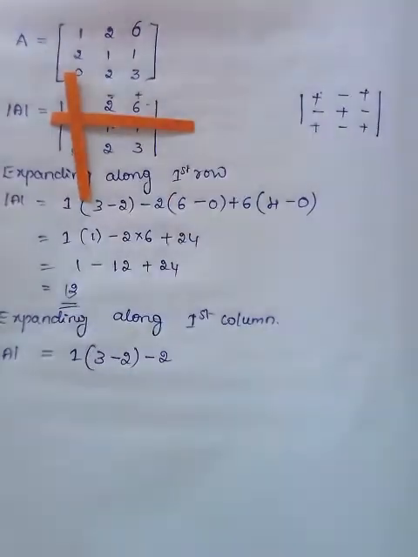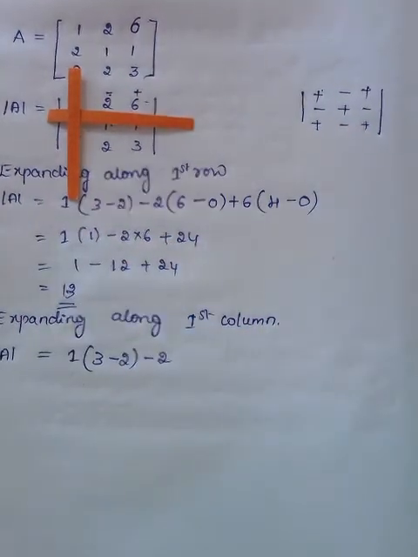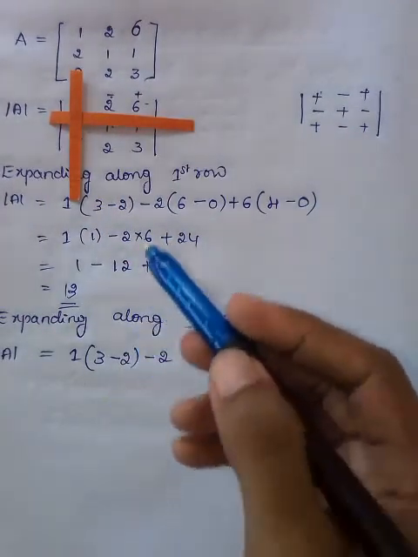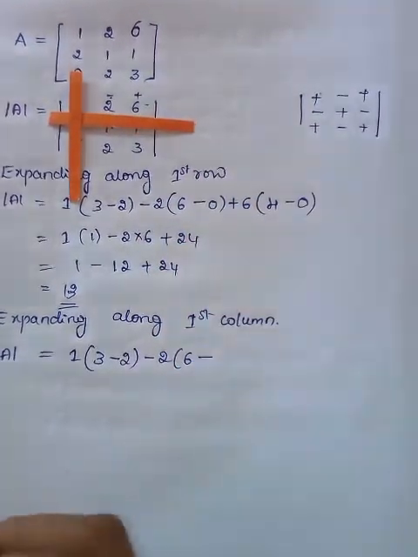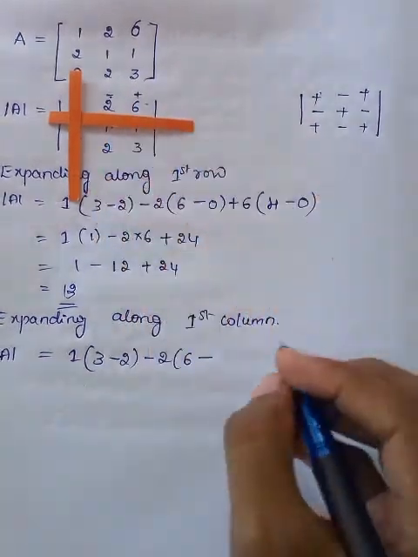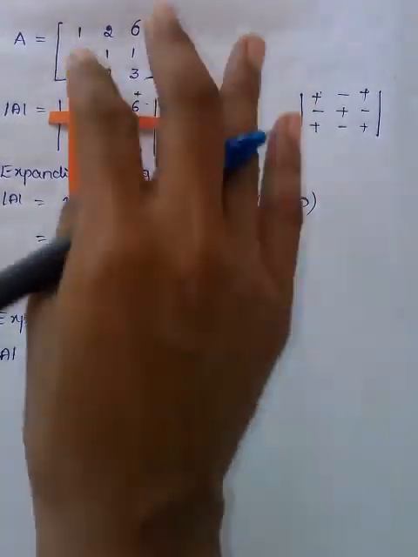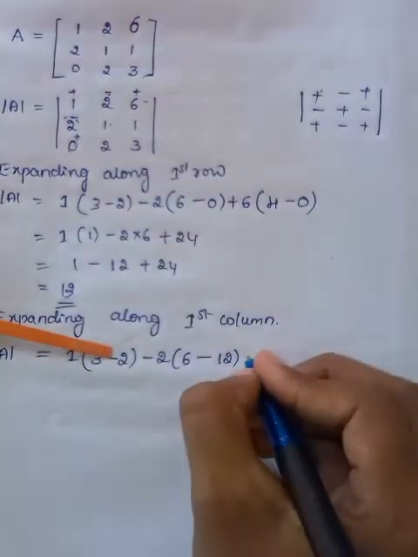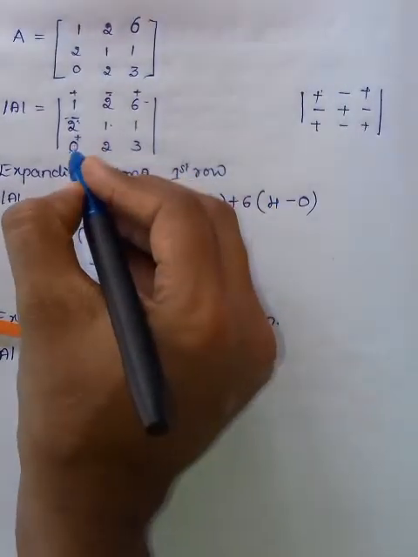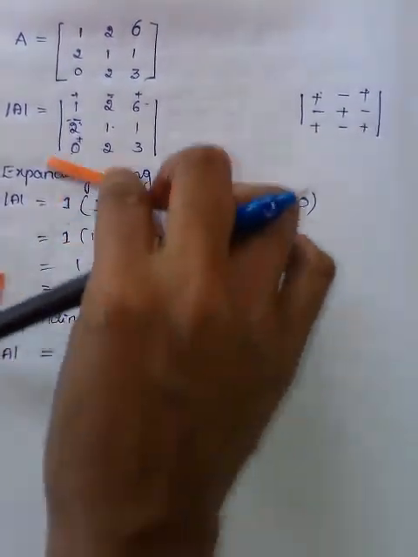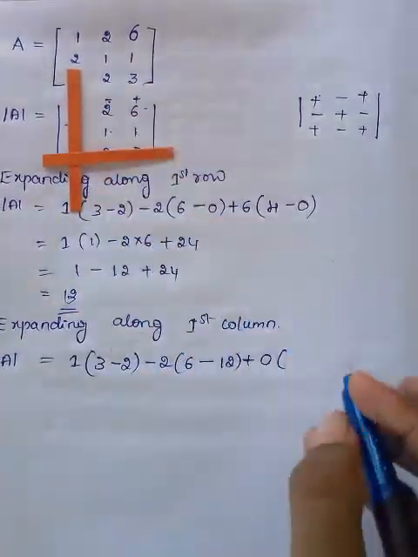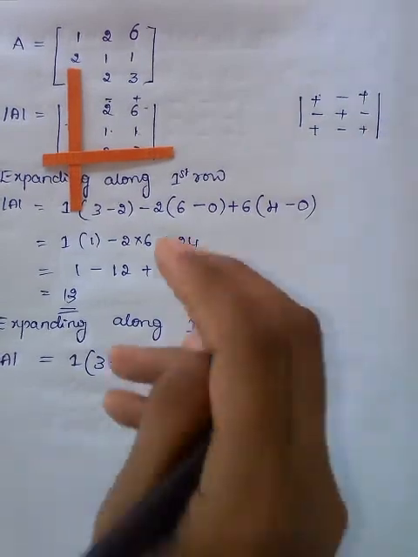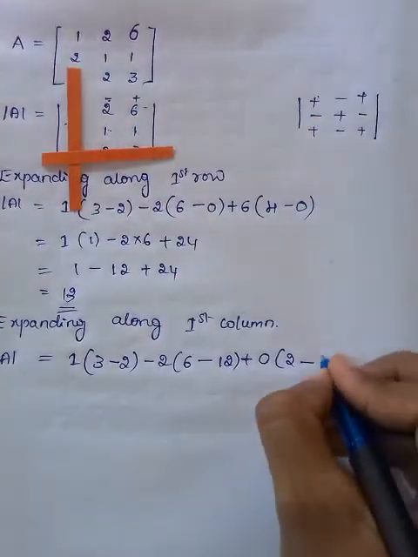Delete this row and this column, then it is again a second order determinant. Expand this determinant, that is 2 into 3 6 minus 6 into 2 12. Then the sign is plus, the element is 0 into 2 into 1 2 minus 6 into 1 6.